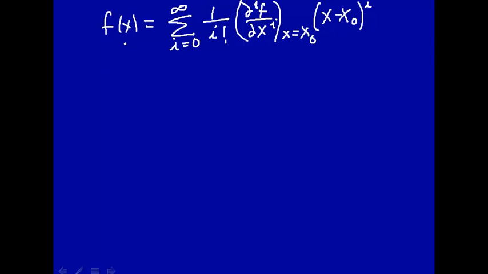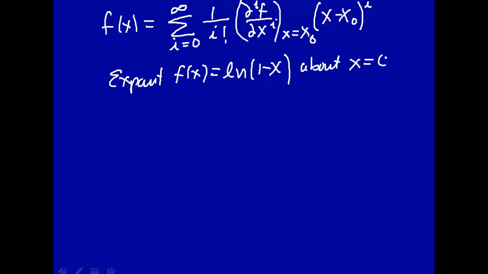So this expands a function about some point x equals x0. So let's expand the function f of x equals natural log of 1 minus x solute, about x equals 0.